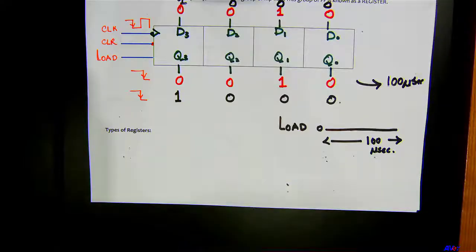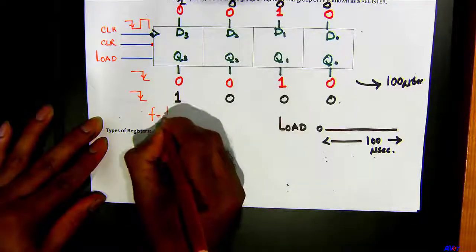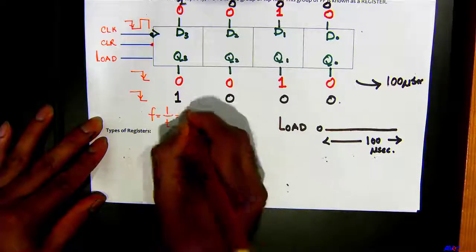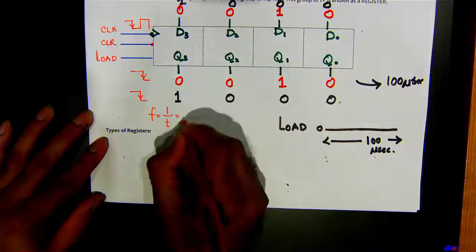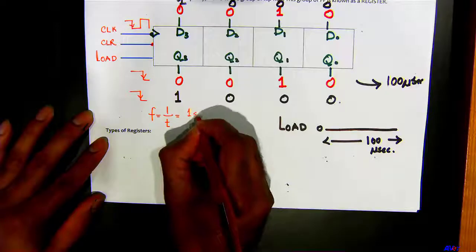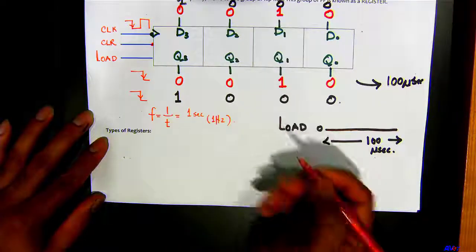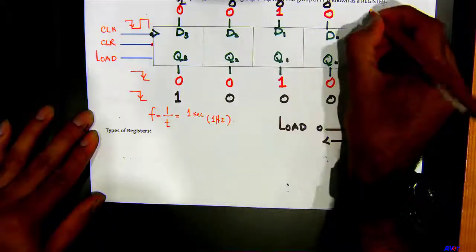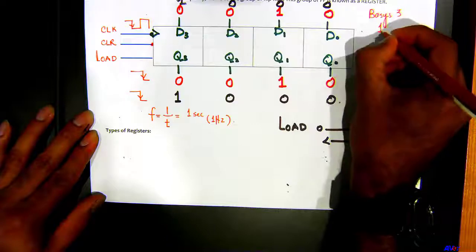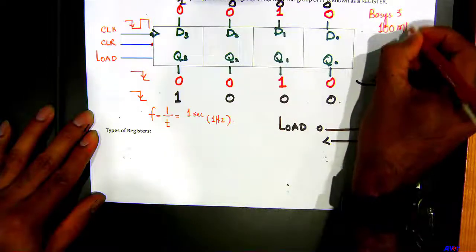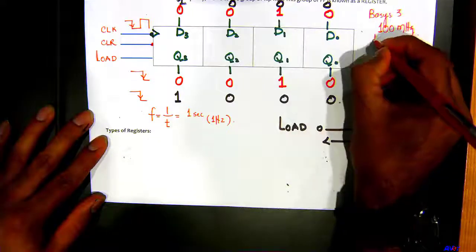I'm pretty sure most of you understand the relationship between frequency and time. If you're looking at a frequency of 1 hertz, basically it equals 1 second, right? Your Basys 3 board has a frequency of 100 megahertz. So time would be how much?